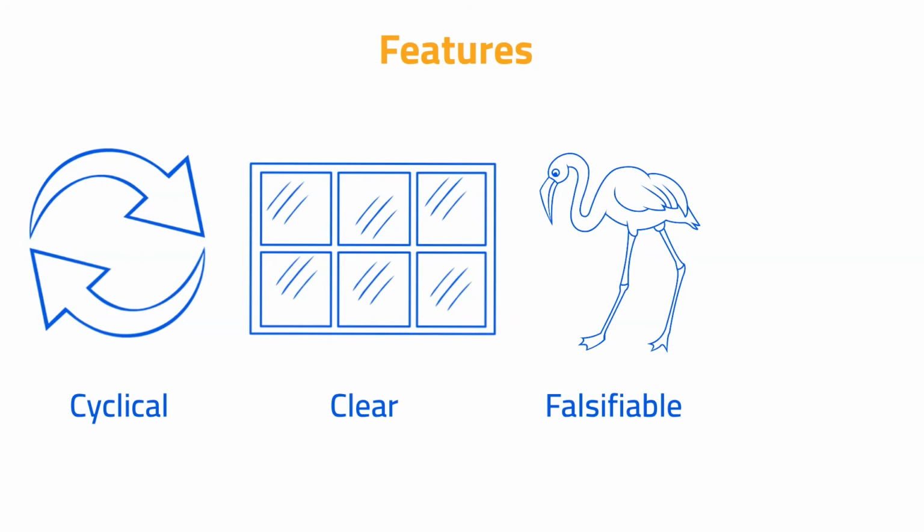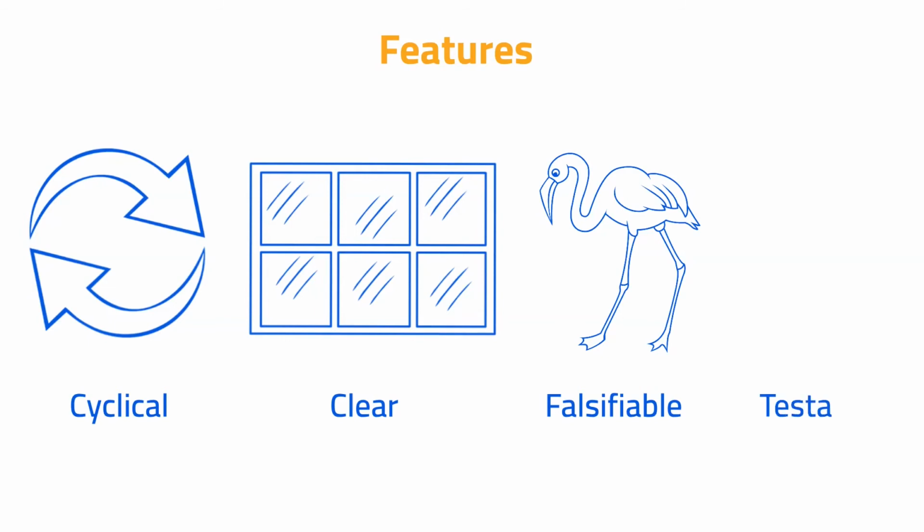For example, you might have a guess that all flamingos are pink. This is falsifiable, because if you found a blue flamingo, you could then show that the guess was false. Now this feature is important because if the guess is not falsifiable, then there is no point testing it.